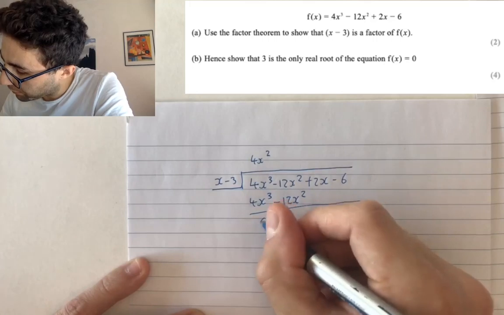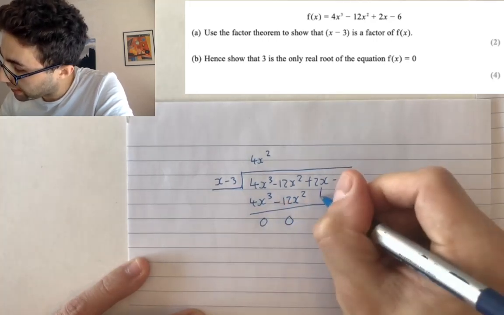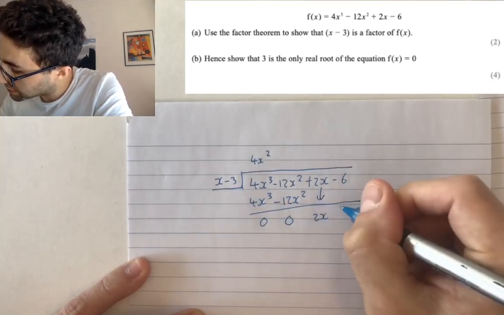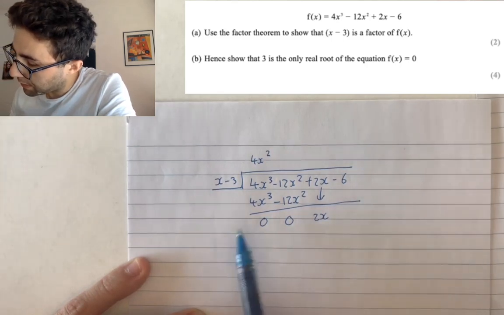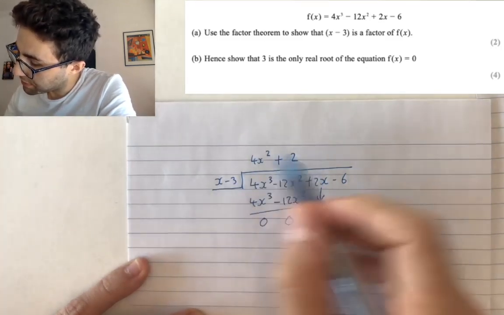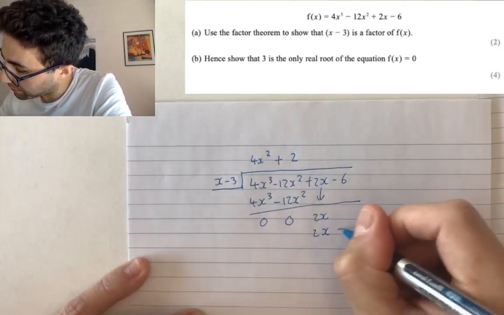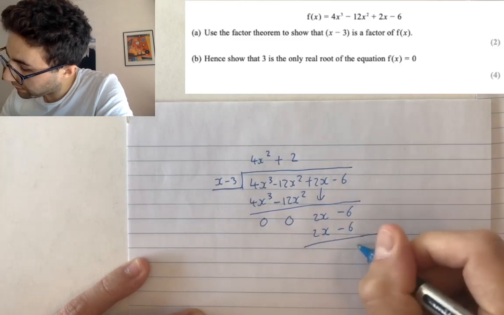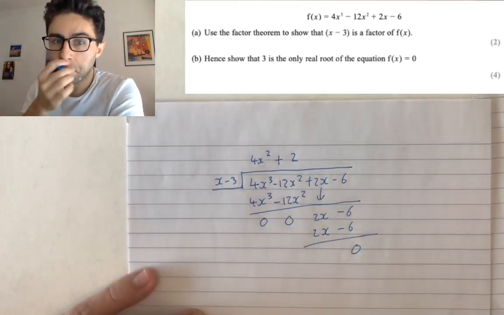Then you subtract them off and you get 0 there. 2x comes down, and you're going to need a 2 there. 2 times x is 2x, minus 6, and that goes to 0 like you'd hoped.